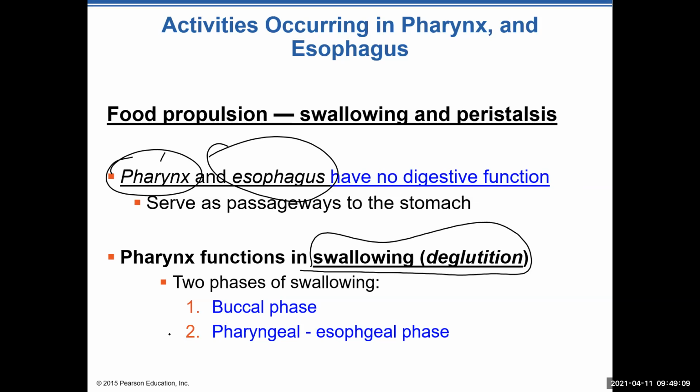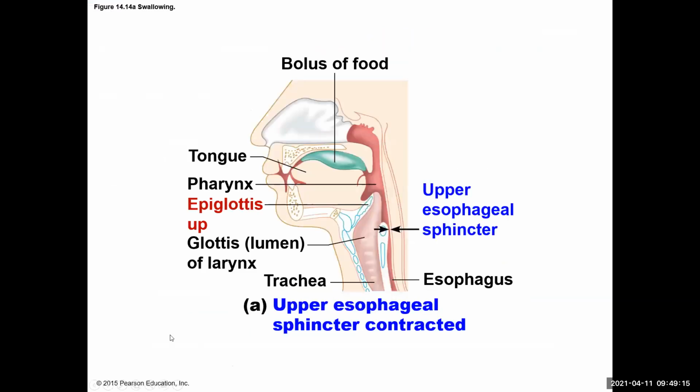And in swallowing we have two phases, the buccal phase and the pharyngeal-esophageal phase. When we chew the food, the bolus touches the palate, and the reflex is activated.